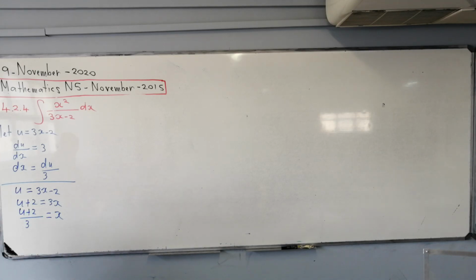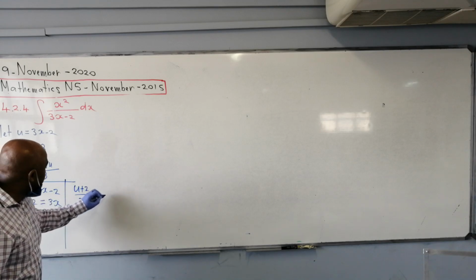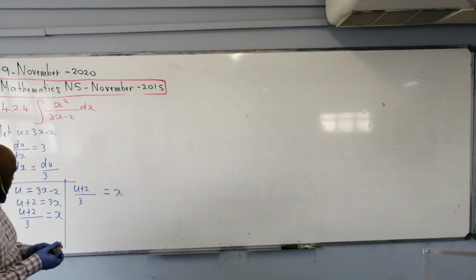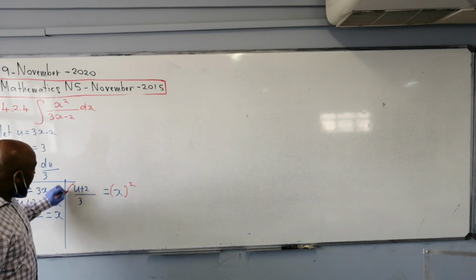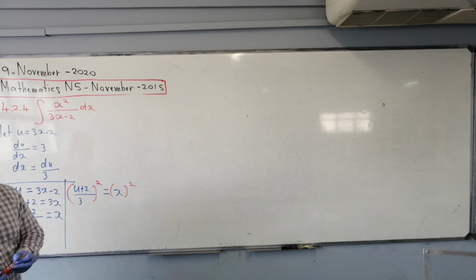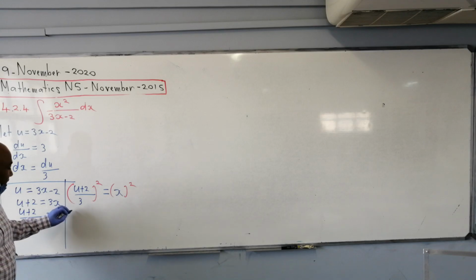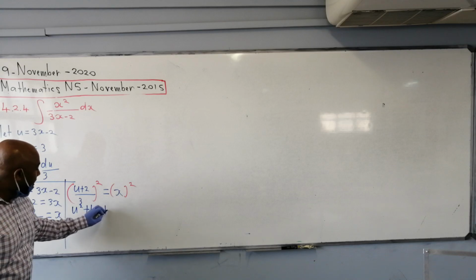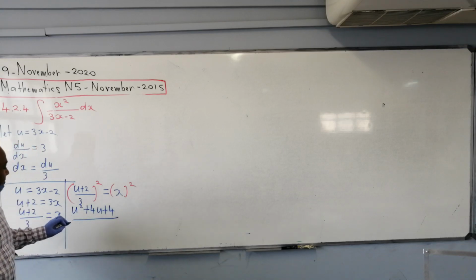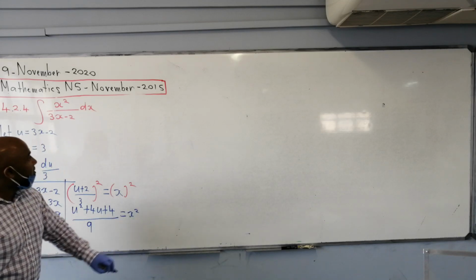So now I want x squared. So therefore, u plus 2 over 3 is equal to x, but I want x squared. So therefore, I will square x, and if I square the right hand side, I have to square the left hand side. So therefore, this will be u squared plus 4u plus 4, all divided by 3 squared, which is 9, is equal to x squared.